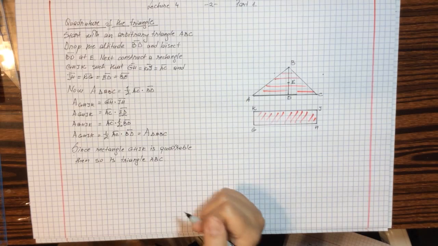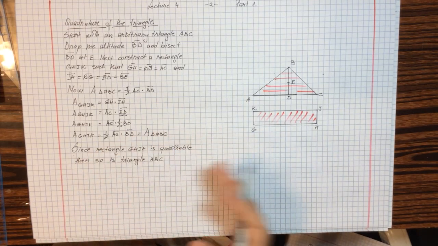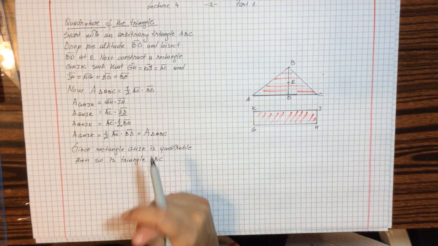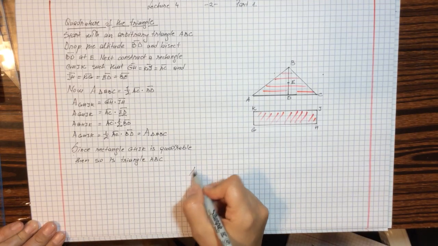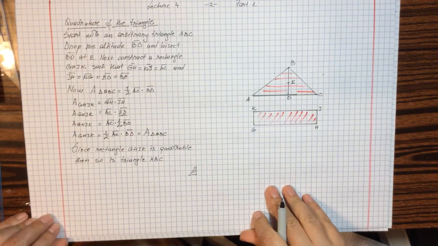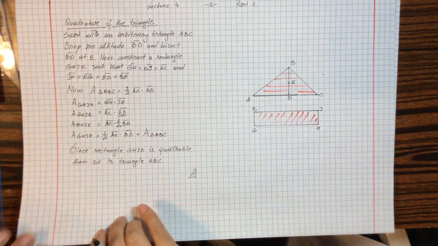And since triangle ABC was arbitrary, this argument works for absolutely any triangle. Okay, so that is the end of part 1. I'll move on to part 2.